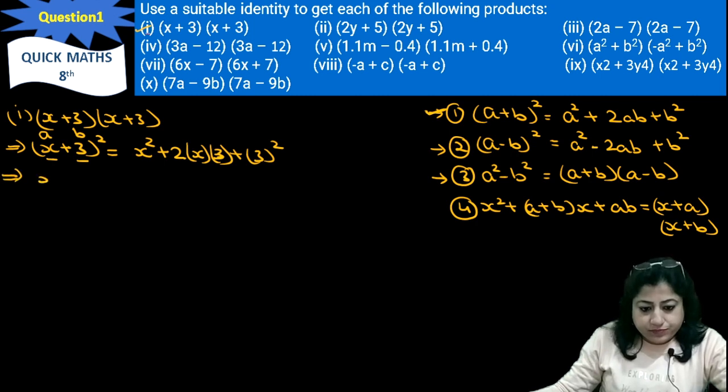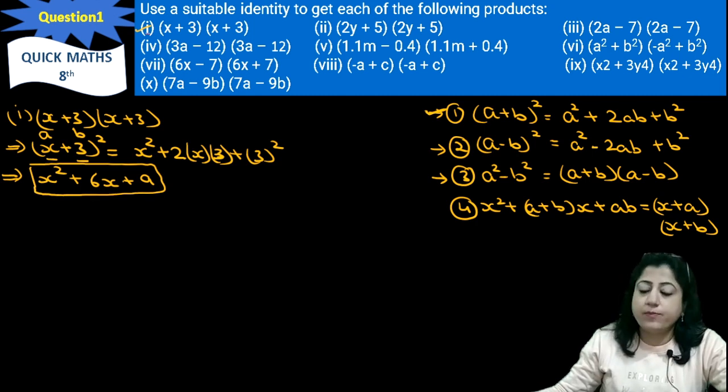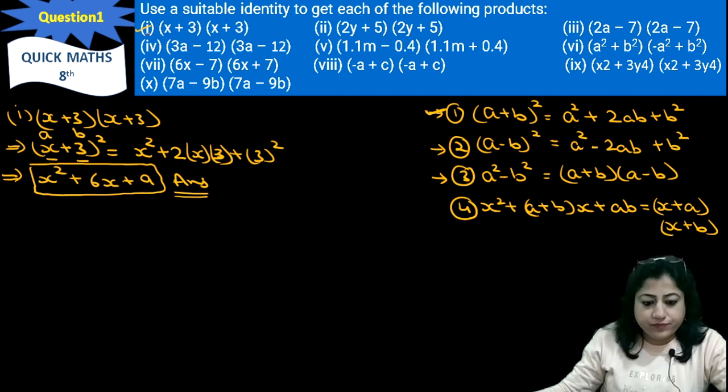According to this, x square, and this will be 2 into 3 is 6, so 6x, plus 3 square is 9. So this is the required solution: x square plus 6x plus 9 is the algebraic expression we have got using the first identity in the first part. Now come to the second part.